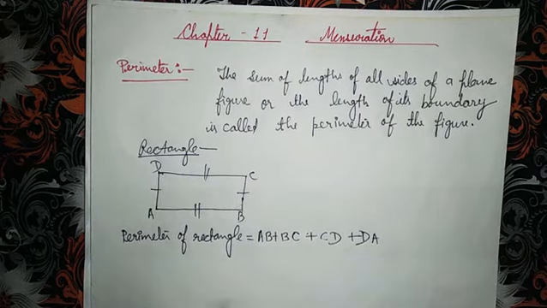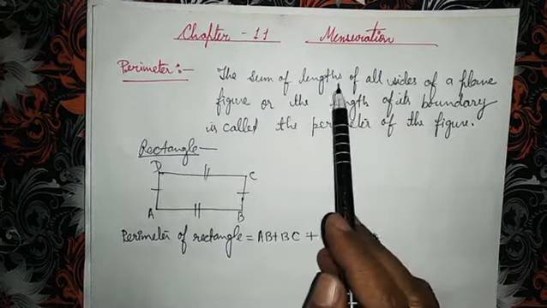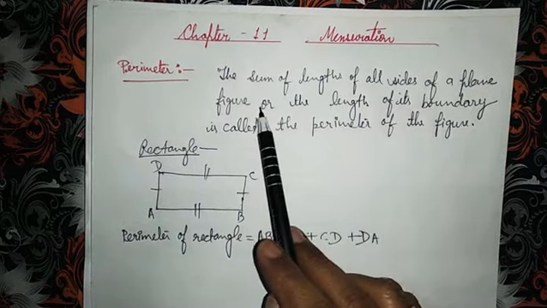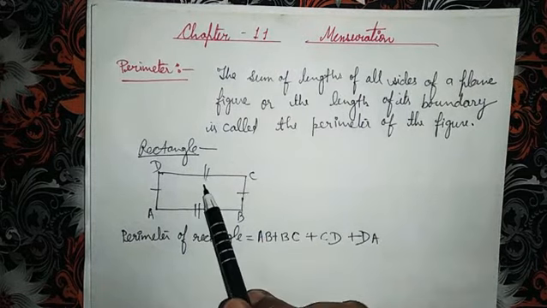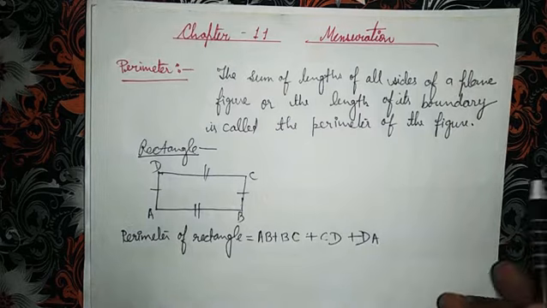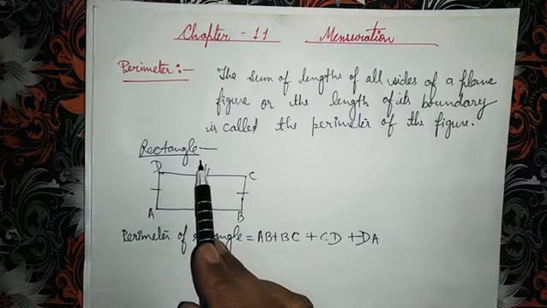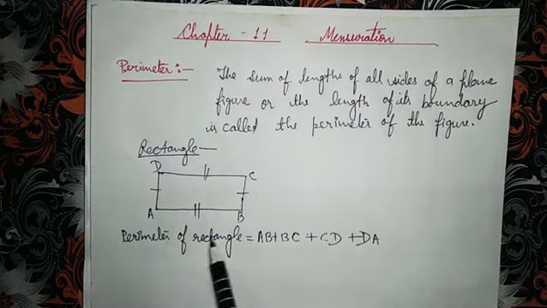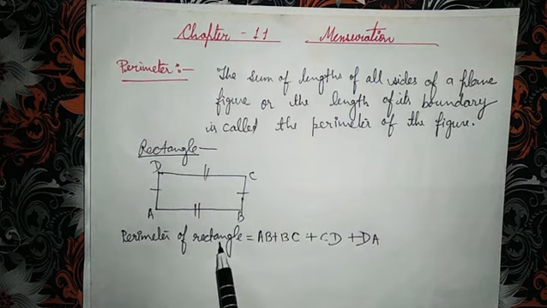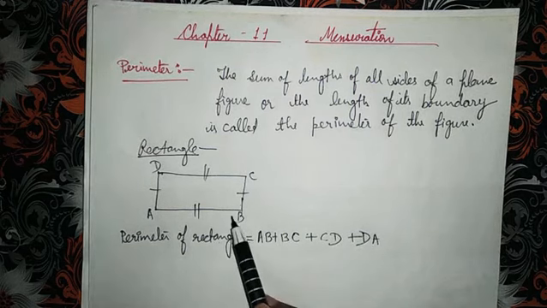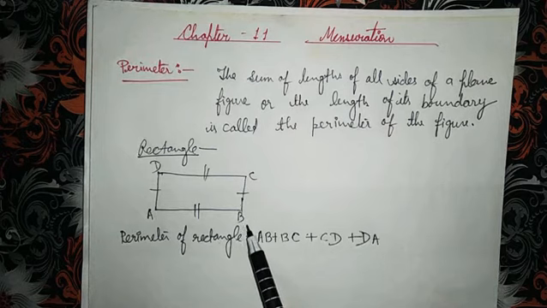Here you have written the sum of length of all sides of a plane figure or the length of its boundary is called the perimeter of the figure. So for perimeter of rectangle, how can you find the perimeter of rectangle? By adding the length of all sides.